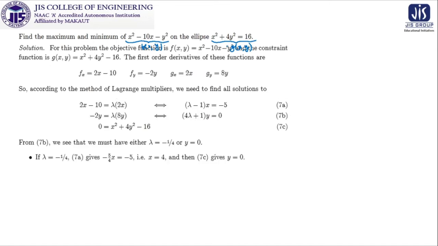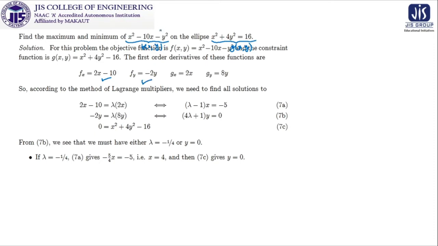So for this problem, the objective function is this and the constraint function is this, which I have already stated. Then the first order derivatives of these functions: fx, that means first order partial differentiation with respect to x, will be 2x minus 10, and the partial differentiation of f with respect to y will be minus 2y.